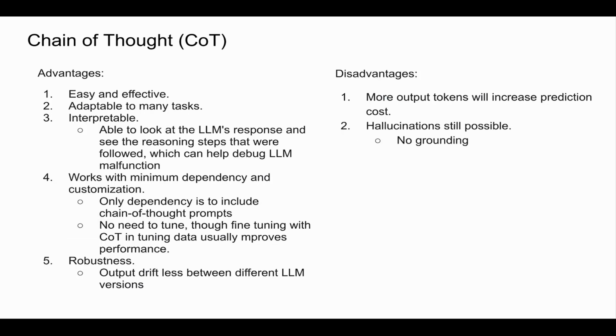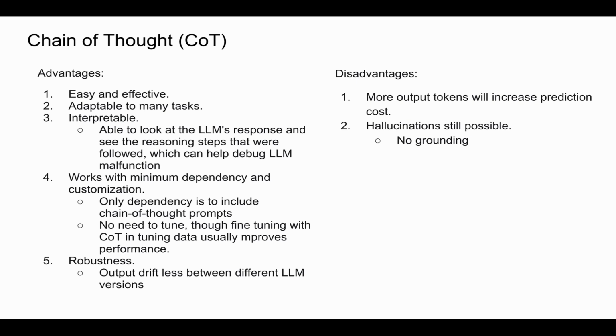There are many advantages to chain of thought. First, it's easy and effective. Second, it's adaptable to many tasks. Third, it's interpretable: you are able to look into the LLM's response and see the reasoning steps, so you can use it for debugging if the LLM malfunctions. Fourth, it works with minimum dependency and customization.